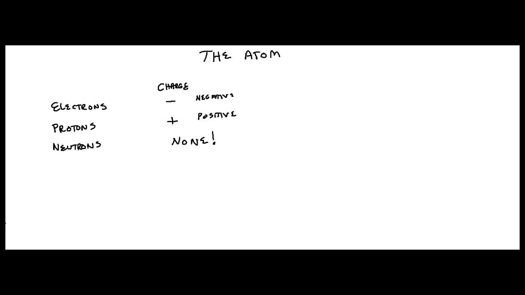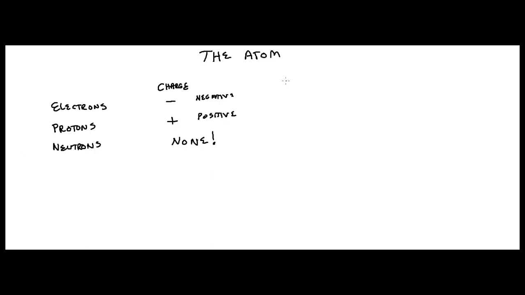There's no charge on a neutron. It's neutral, all right? So those are the three things you need to remember right now about an atom. There's three components: electrons, protons, and neutrons. Electrons are negative, protons are positive, and neutrons don't have any charge.